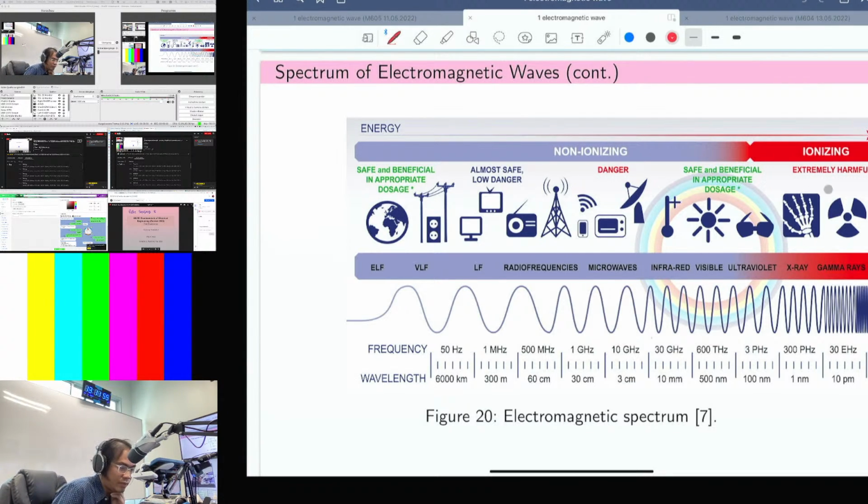You may not often hear about these two bands because they are very dangerous. You can see them only on special occasions like at the hospital. All right, that's the whole picture of the electromagnetic wave bands in terms of frequency.